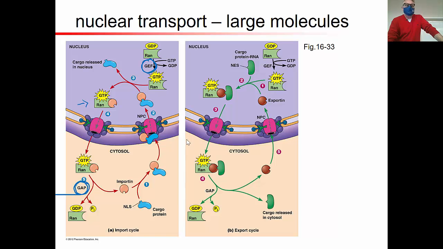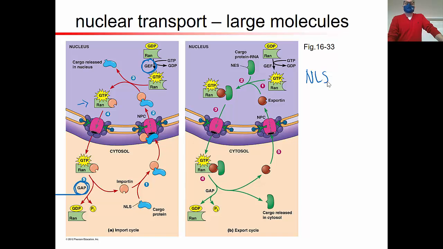So on the left-hand side, we're looking at import, so bringing the specific targets into the nucleus. And this is mediated by what's called a nuclear localization sequence, or NLS. Nuclear localization sequence is found on proteins that will be imported into the nucleus.